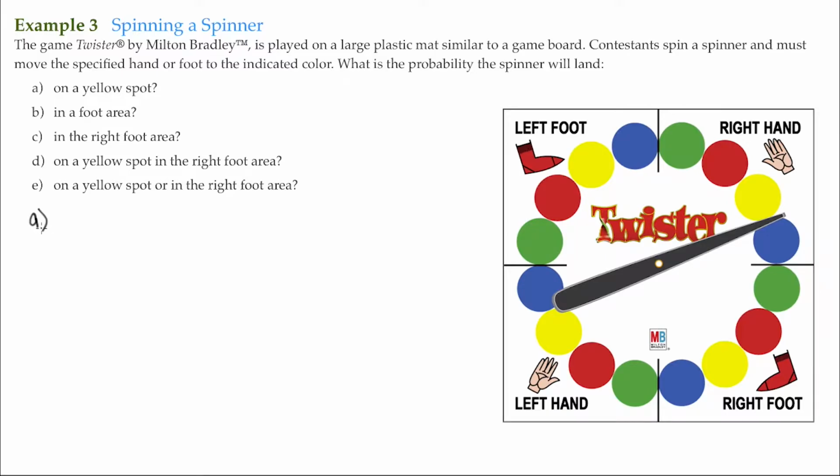And as we look at the outcomes here, there are 1, 2, 3, 4, 5, 6, 7, 8, 9, 10, 11, 12, 13, 14, 15, 16 different possible outcomes if we were to spin this spinner. So to land on a yellow spot, we've got 1, 2, 3, and of course 4. So that's 4 out of 16.